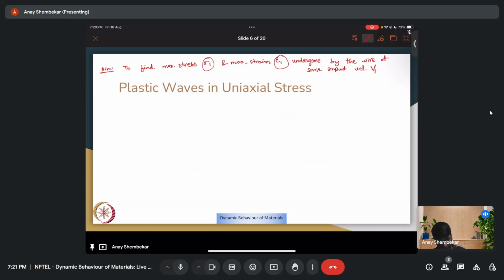We first write down the boundary condition: u at x equal to 0 is v1 into t. And if I look at a small thin cross section with length dx, the differential in force across the two sections can be written as dF.